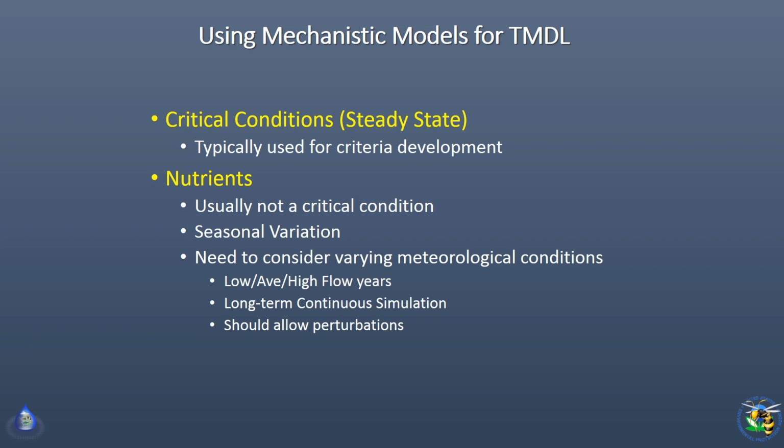Usually it's not a specific critical condition. There is seasonal variation, and the things that need to be considered are varying meteorological conditions such as low, average, high flow years. In which order do they occur? So the long-term simulations allow us to evaluate over the range of environmental conditions.